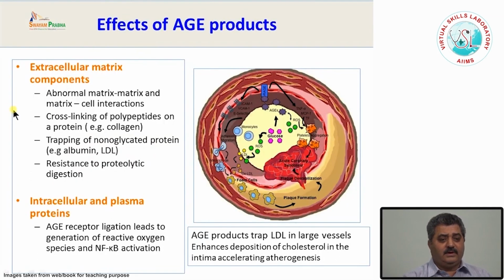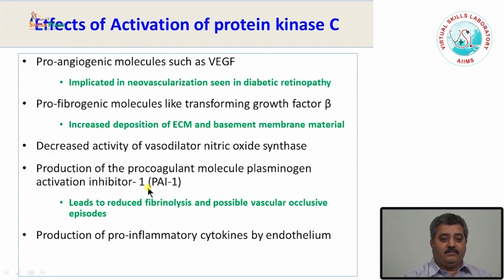Now, this may affect the matrix, it may affect the intracellular compartment, it may affect the plasma proteins, and all those mechanisms lead to atherosclerosis or the vascular complication, or, for example, the fibrinolytic pathway, which causes lysis of the fibrinogen, is affected.